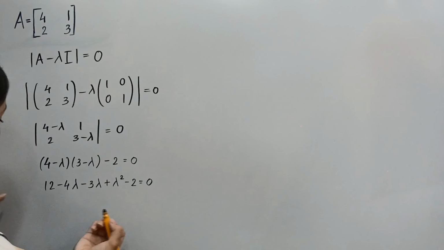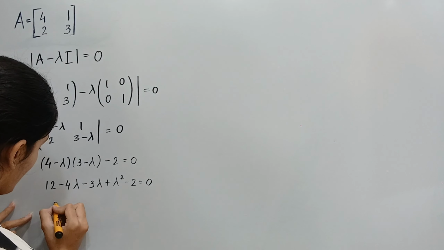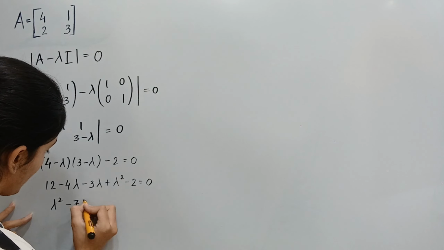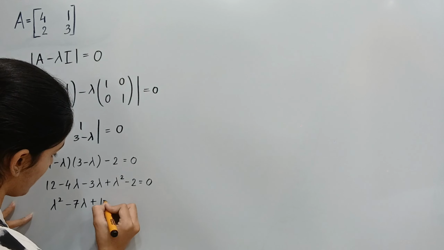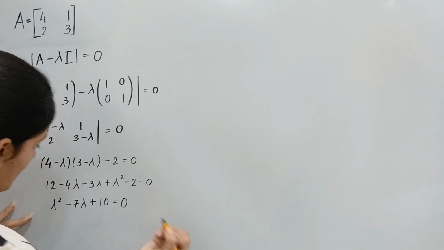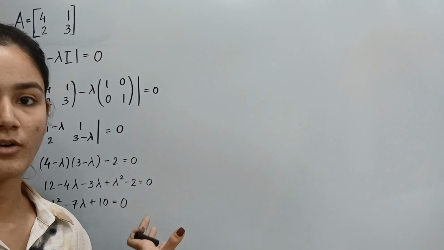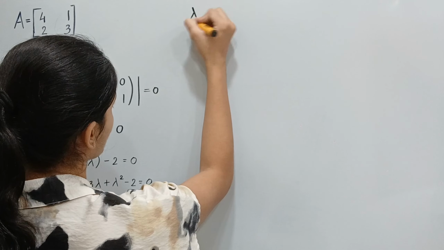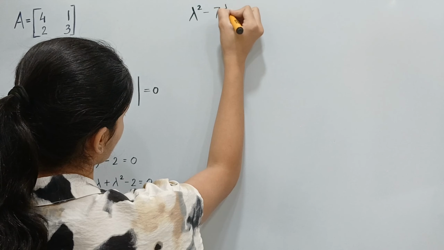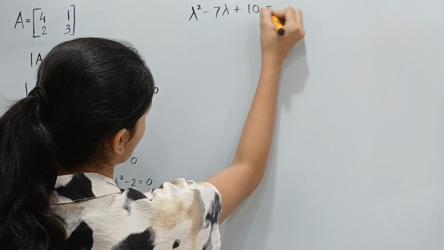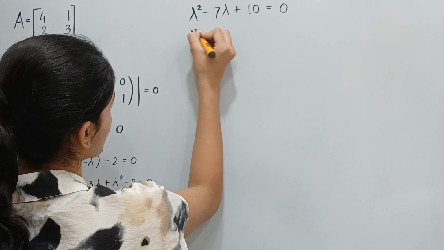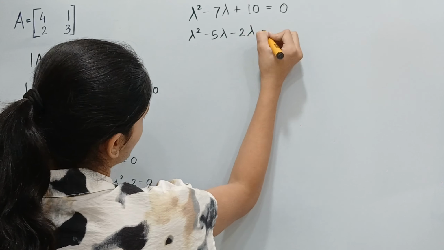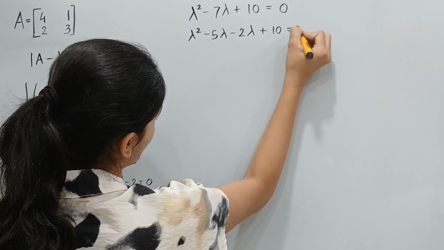So the quadratic equation will become lambda square minus 7 lambda plus 10 equal to 0. Now we will solve the quadratic equation to get the eigenvalues. On solving the quadratic equation, lambda square minus 5 lambda minus 2 lambda plus 10 equal to 0.